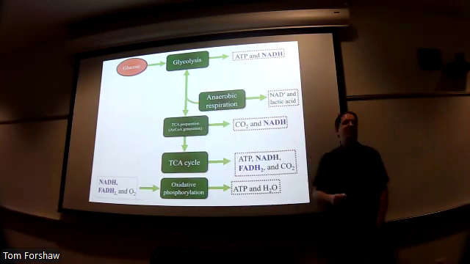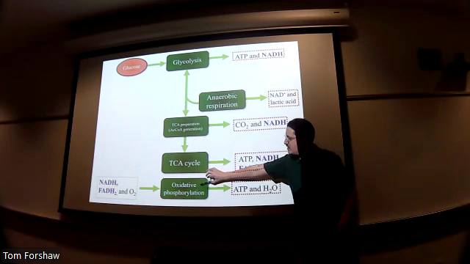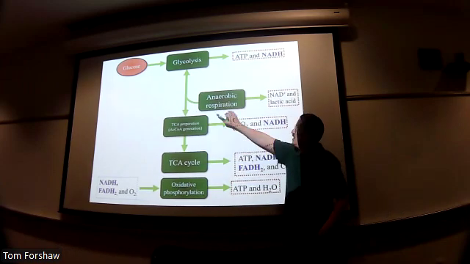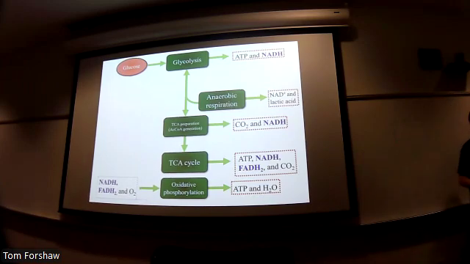Anaerobic respiration is when you don't have oxygen. If you don't have oxygen, you can't do this, so there's no point doing this and this. So you just store it as lactic acid for a little while, and your liver deals with it later in the Cori cycle, which we'll talk about in Biochem 2. You see where I'm going with this? So, glycolysis can divert out into anaerobic respiration.